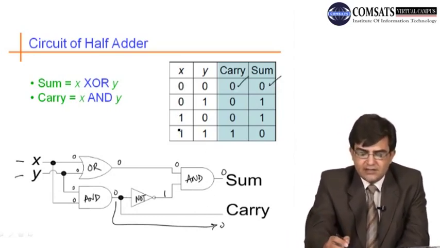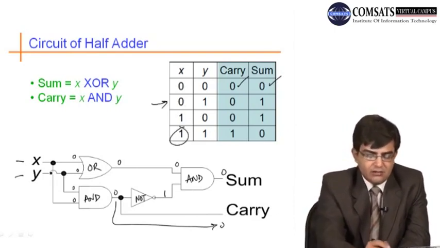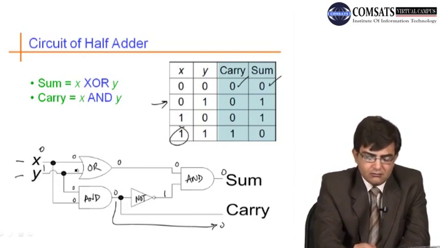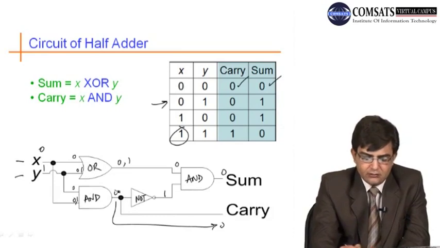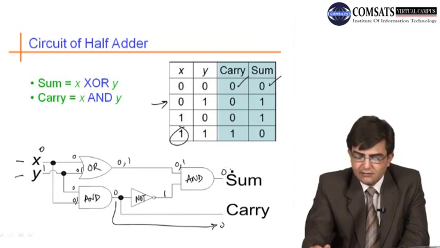Now when X is 0 and Y is 1, we have 0 here and 1 here, so we get 1 here, and we have 0 here and 1 here, we get 0 here. So here we have 1, here we have 1, and this gives 1 here.